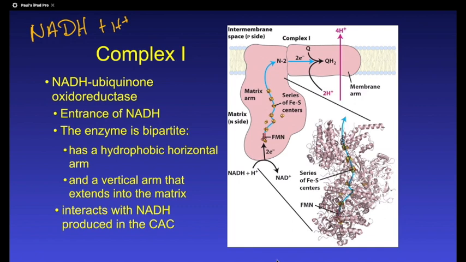Now, we've got a pretty good crystal structure of the protein portion that actually resides inside the matrix. It's the soluble portion, and that soluble portion can be cut off and it can crystallize pretty well, and you can see the structure that we have here.